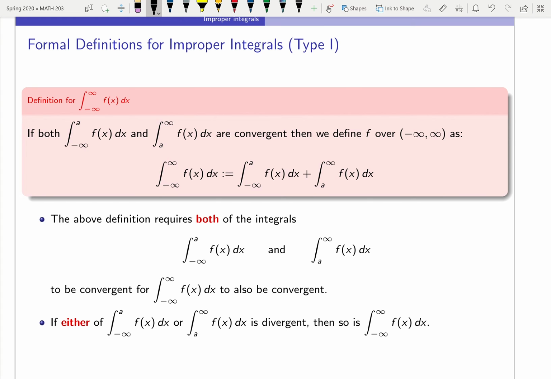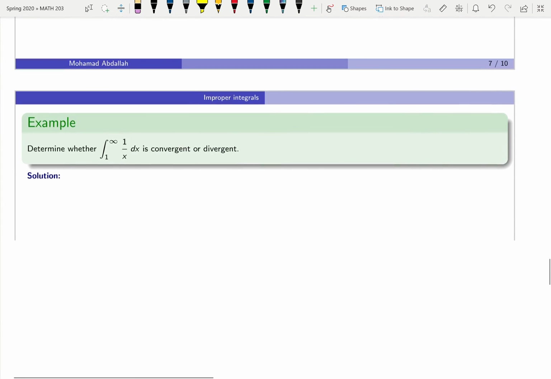If both are convergent, and you have to be careful here, then the integral from negative infinity to infinity is the sum of these two improper integrals. If one of them is not convergent, then the whole integral is not convergent. Again, the choice of a is arbitrary. Most of the time we choose 0, but it's up to you. a could be any number.